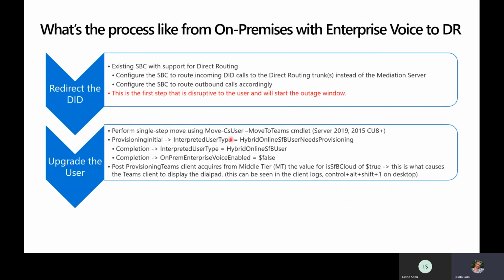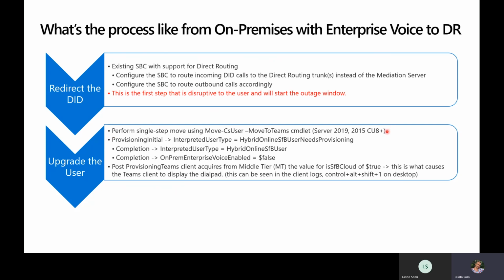Then when you're ready to enable the user, here are the changes you need to do. When you move the users to Teams only experience, you need to make a change on your SBC to route the numbers through direct routing to Teams in Office 365, inbound and outbound calls.